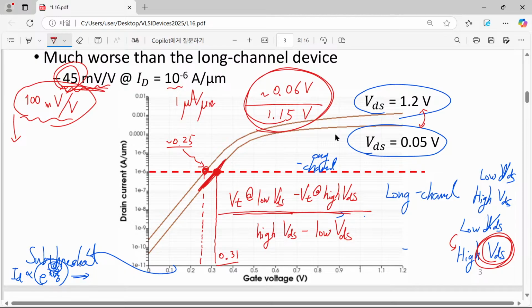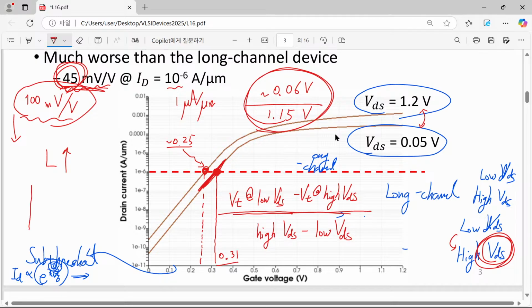So it means that 45 millivolt per volt is not the best one, but not the worst one. So we can try a little bit shorter transistor length for the given transistor technology. That is the key. Of course, if we increase the length, then this DIBL value will decrease drastically.